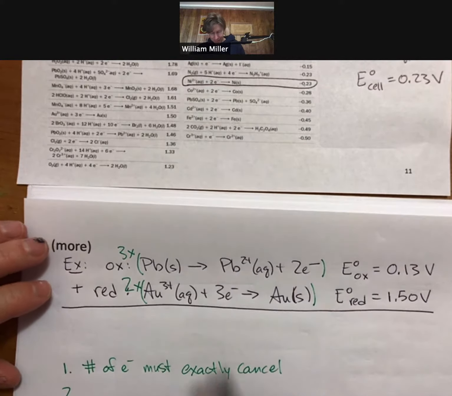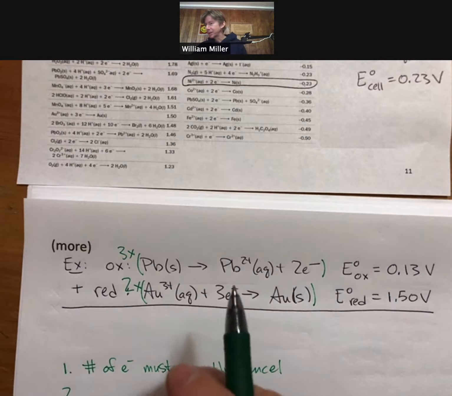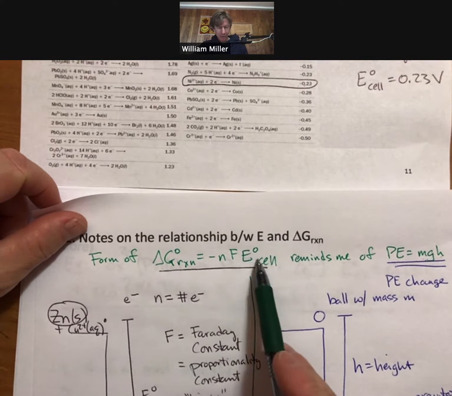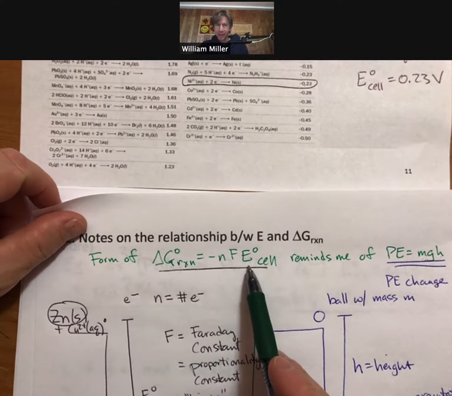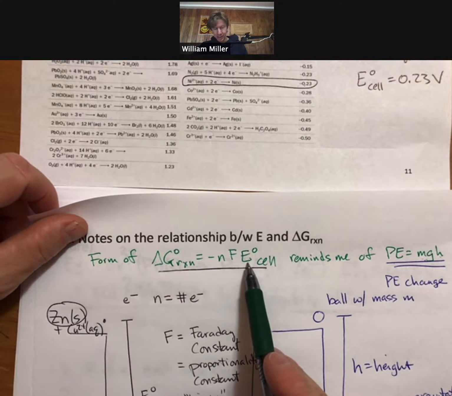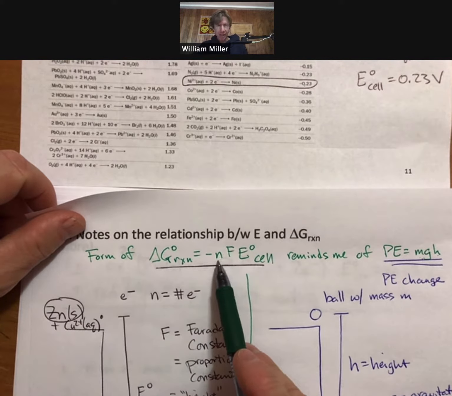And that's because if we think about what we were doing, the n takes care of that part for us. So the cell potential does not depend on the number of electrons in the overall reaction or half reaction. So we account for that later.